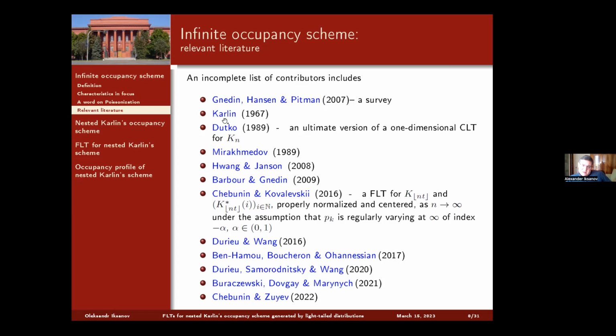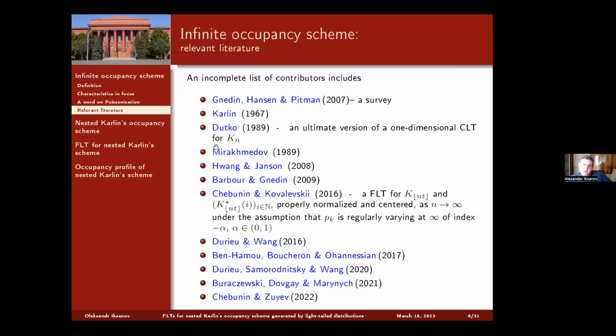The classical infinite occupancy scheme is usually called Karlin's occupancy scheme because of Karlin's seminal contribution in 1967. The problem of one-dimensional distributional convergence of Kn, the number of occupied boxes, was solved by Dutko in 1989, the work of Karlin being an important precursor.